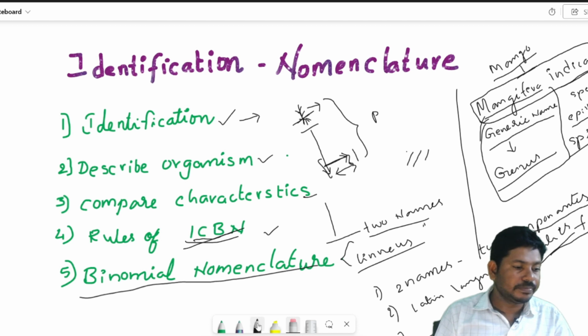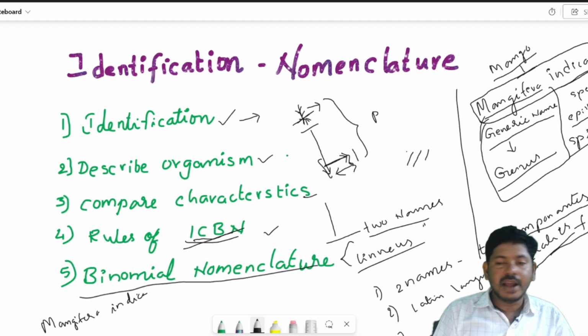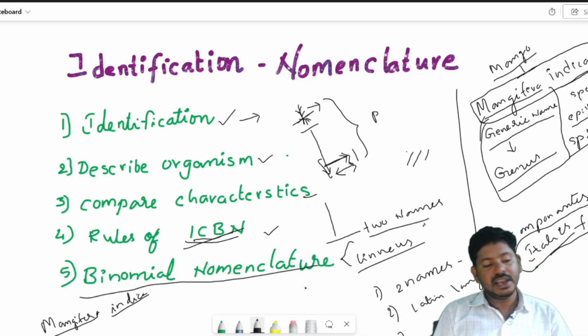Watch carefully: Mangifera indica. When we write manually by hand, we should underline these two components. This is the third rule of the ICBN.